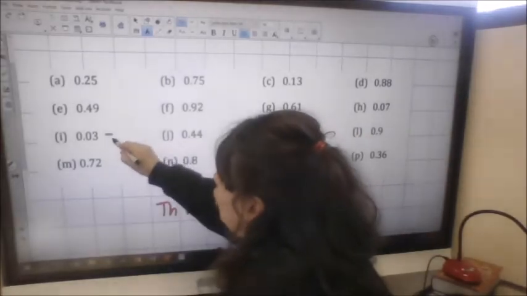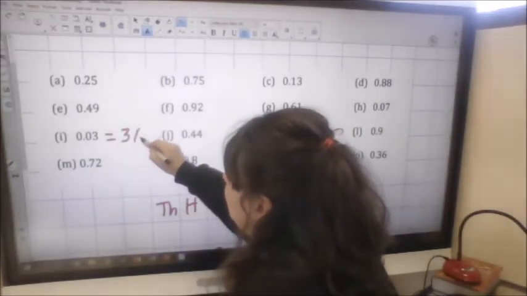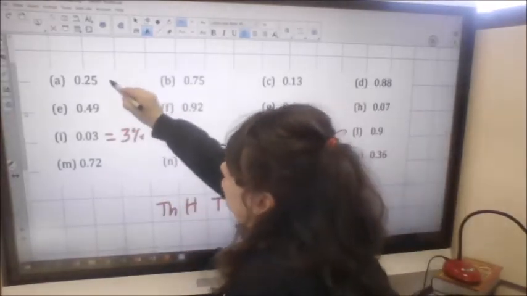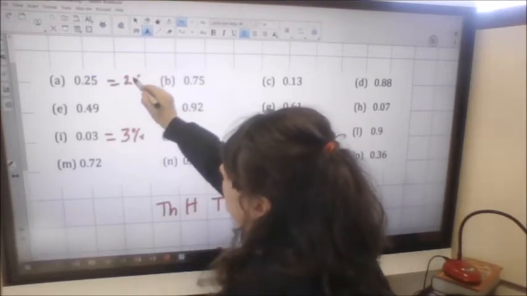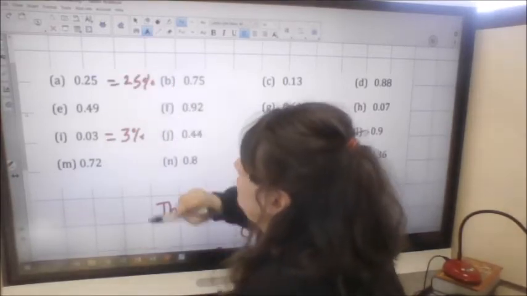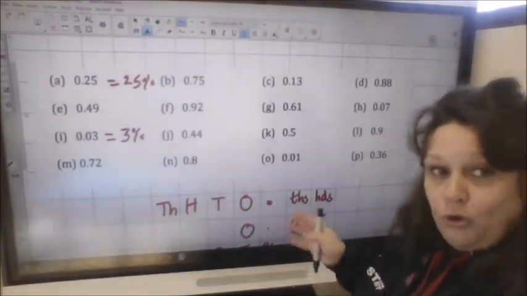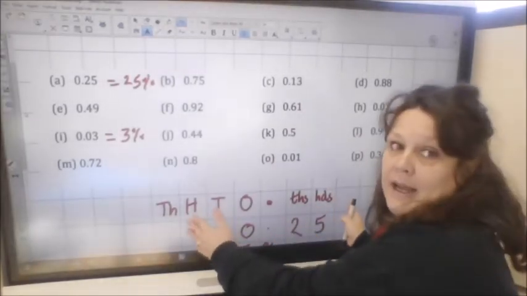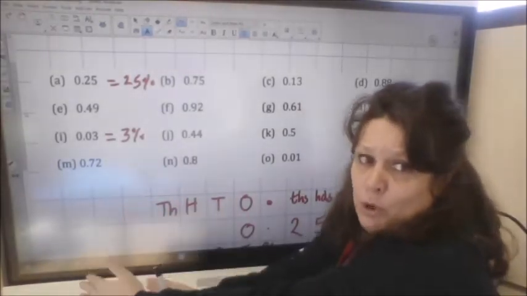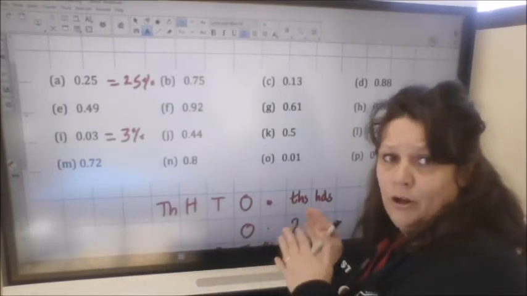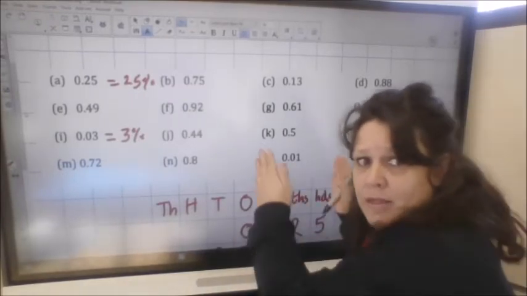So I would like you to have a little go at the questions on the board. So we've done that one. We know it's 3%. We've done that one. We know it's 25%. You might want to draw yourself the grid like I have so you can physically move them. That always helps. If you can't visualize it, then do it.